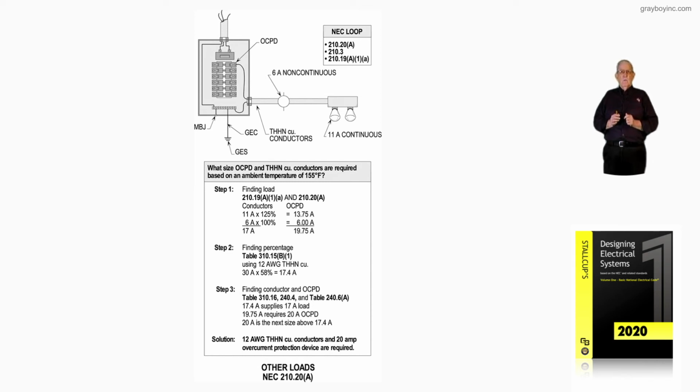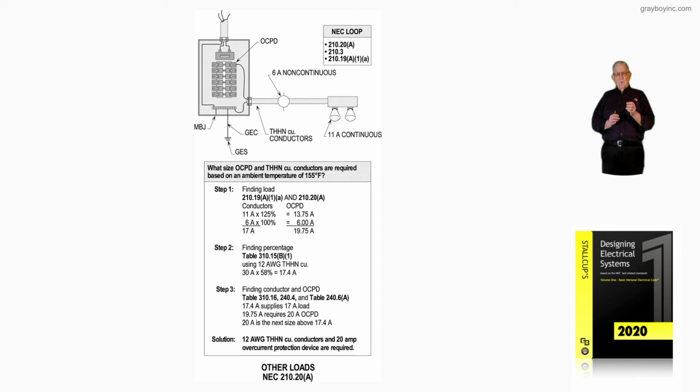Step 2, we're going to apply then our table 310.15(C)(1), and we basically take number 12 wire at 30 amps times 58%, because of the derating for our correction factors, routing in through more basically in 10 feet at 155 degrees Fahrenheit above the 86 degrees Fahrenheit permitted from Table 310.16.